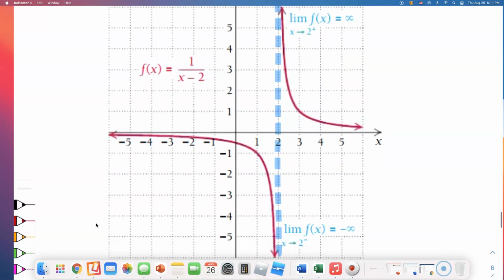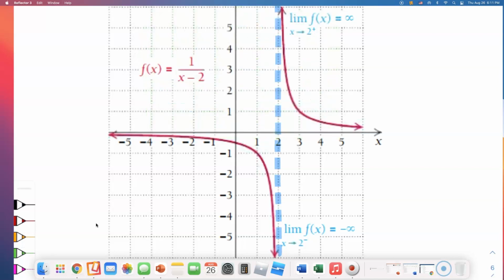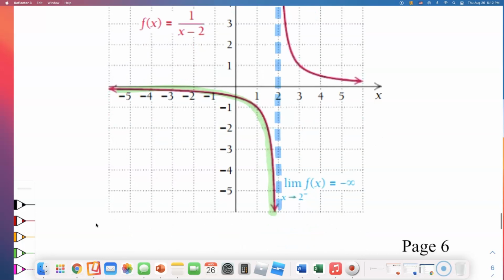We have a vertical asymptote at x equals 2. So we start somewhere on the left of 2, and let's try to get really close to 2. What happened? As you see, as we approach that blue line, that 2 from the left, can you see that the graph just goes straight down? Down to what?